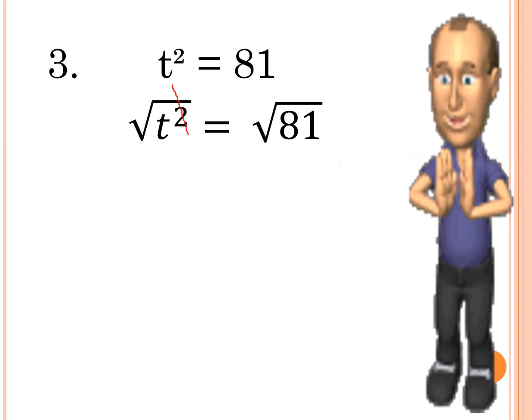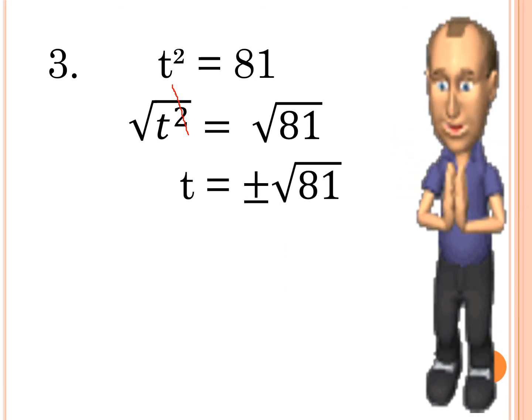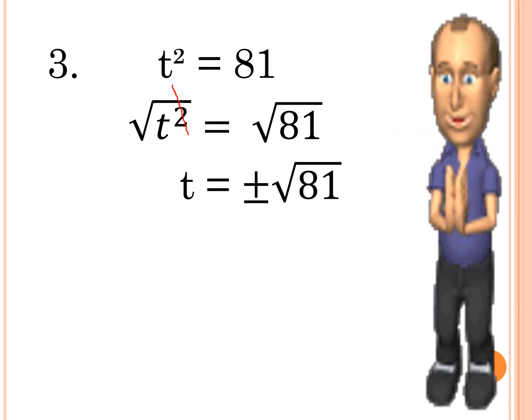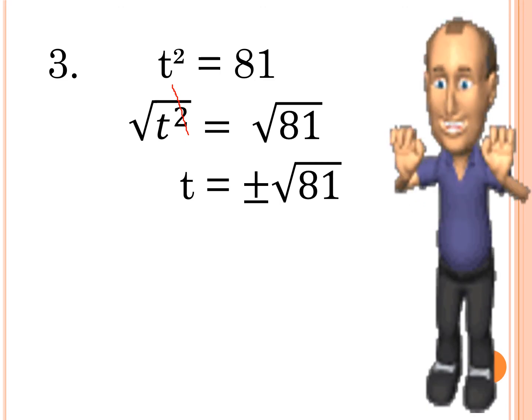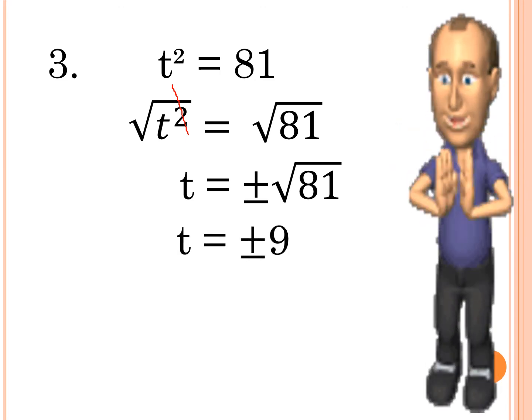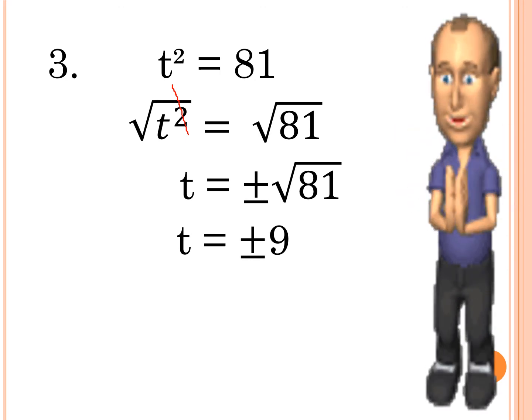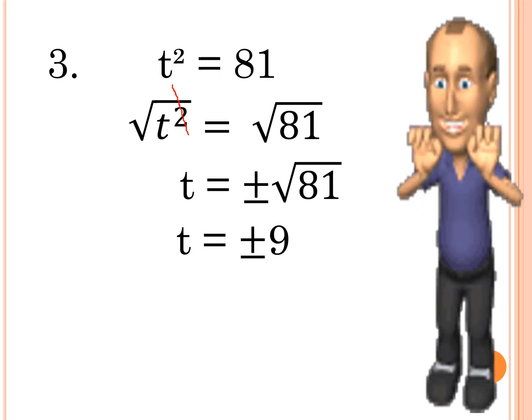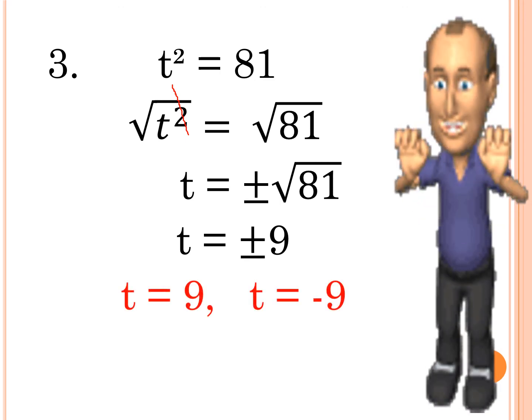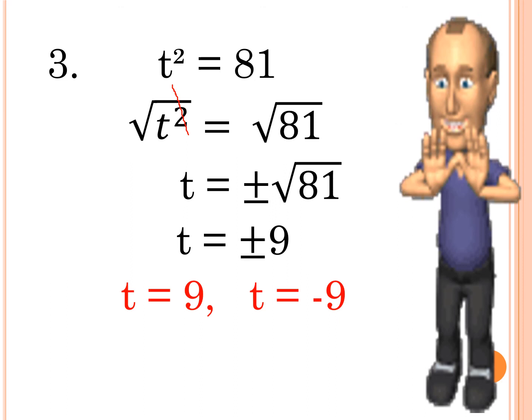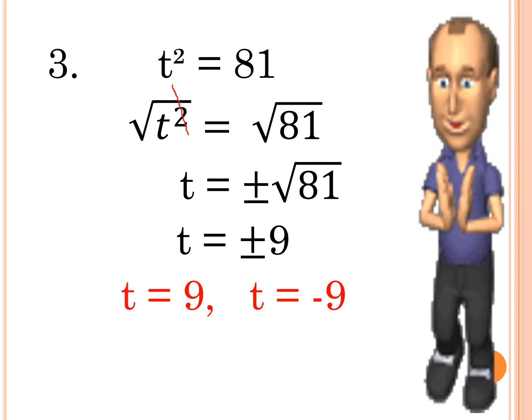So, the answer is t is equal to positive or negative square root of 81. 81 is a perfect square. So that our answer is t is equal to positive or negative 9. So we have two solutions. t equals 9 and t is equal to negative 9.